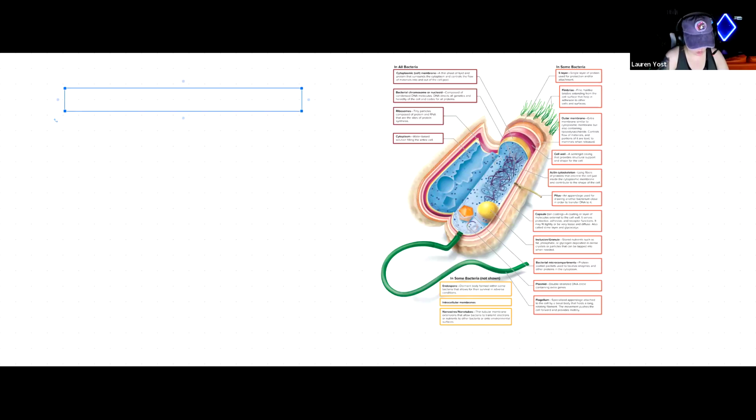All right. When we say dormant, it is no metabolic activity.